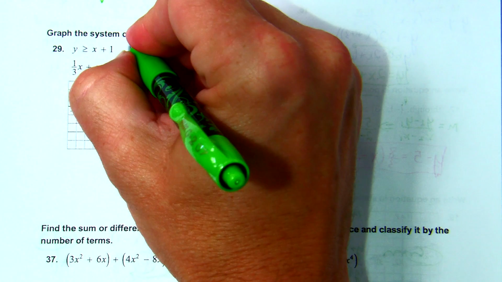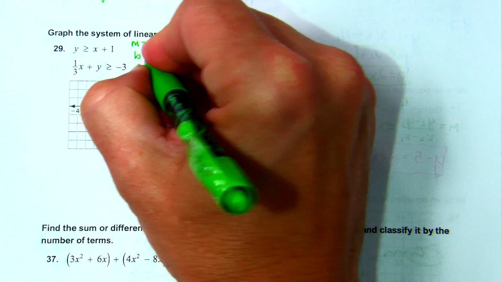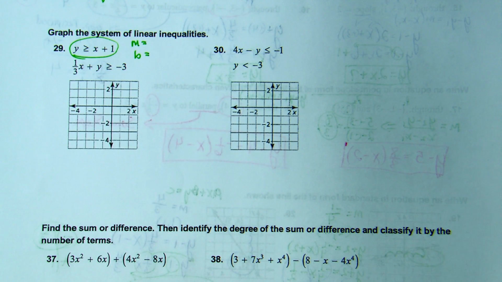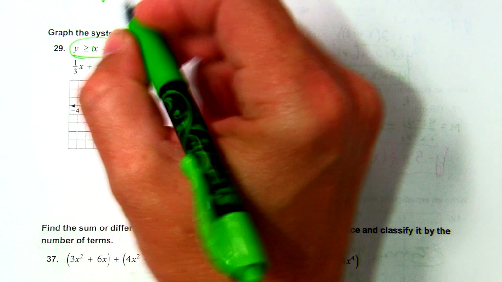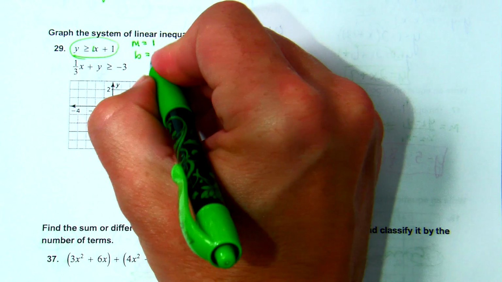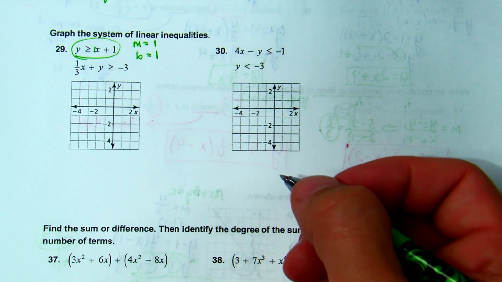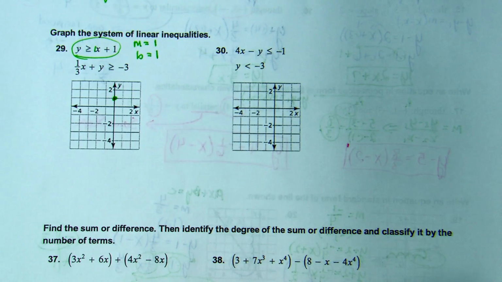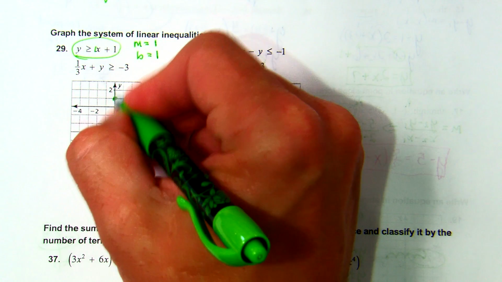So what is the slope and what is the y-intercept of this first inequality? So slope is what? Slope is just 1, right? And then the y-intercept is just 1. So I'm going to go to 1 on the y-intercept, put a point, because that's my y-intercept, 1 on the y-axis.